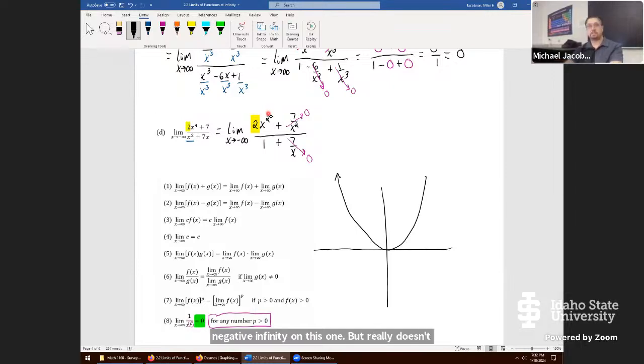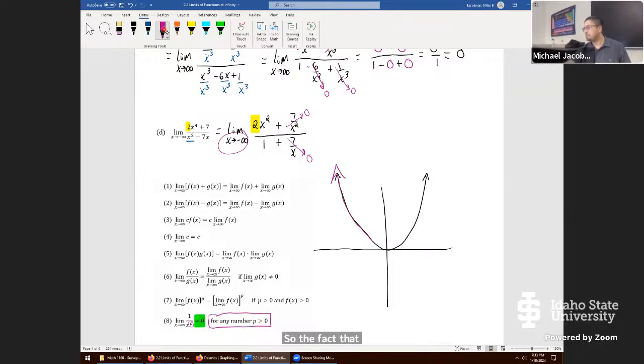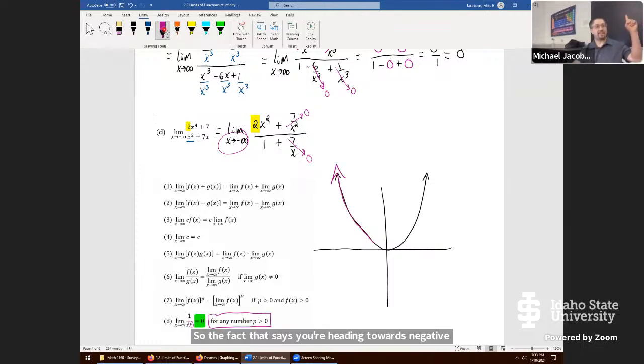If you're heading towards negative infinity, you're going up towards positive infinity. And same if you're going towards the right on this one. So the fact that it says you're heading towards negative infinity just means you're going this way. But the function values are just getting larger and larger and larger. The limit on this one does not exist.